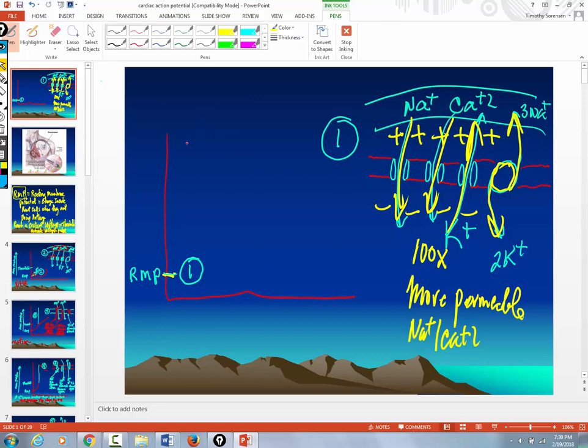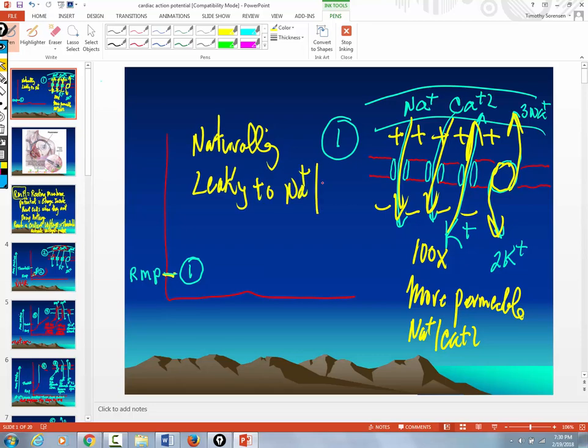That's because the electrical conduction system of the heart is inherently, naturally leaky to sodium and calcium. And as you can see, sodium and calcium are positive. What's the charge inside the cell? It's negative.